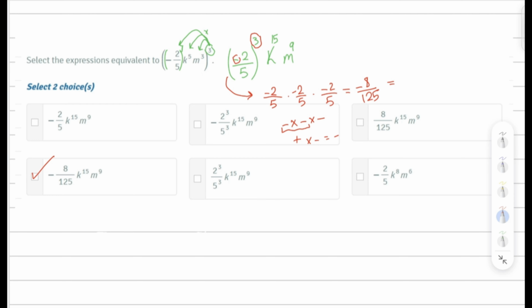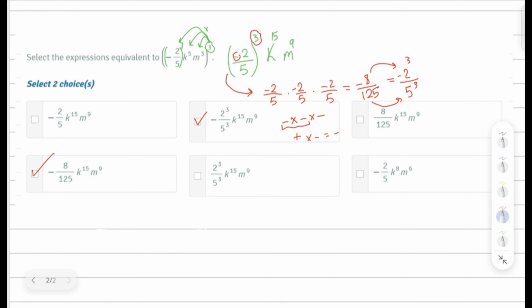Also, we can write this as negative 2 cube over 5 cube, since 125 is 5 cube and 8 is 2 cube. Or from here, you can distribute the exponent to the numerator and the denominator. Anyway, this will be the second correct answer.